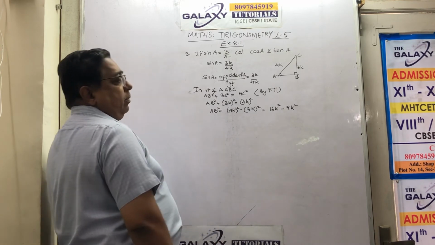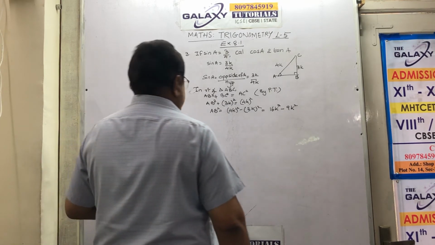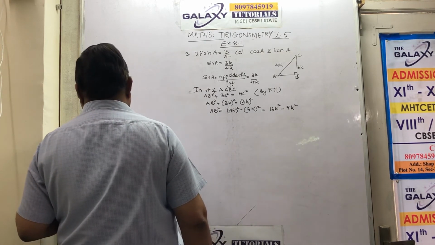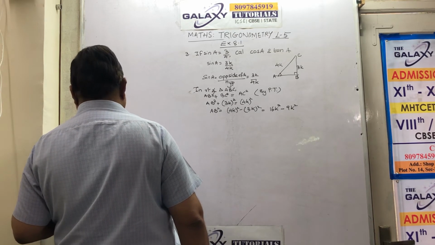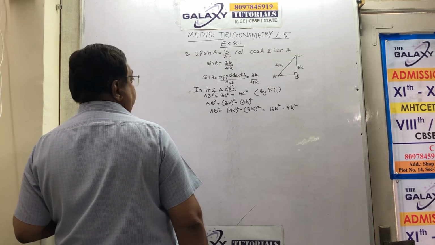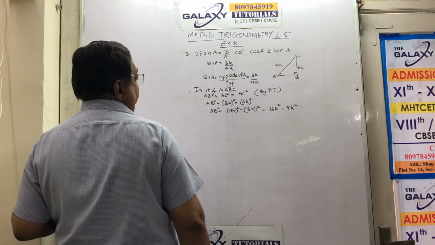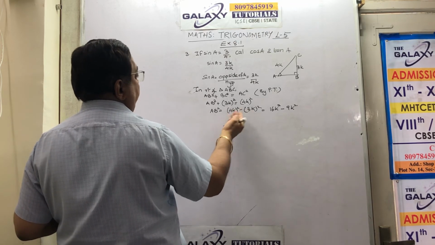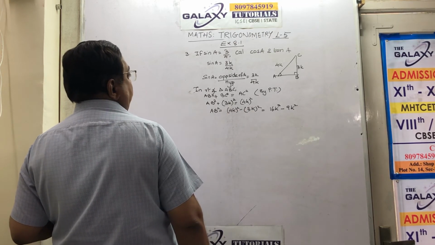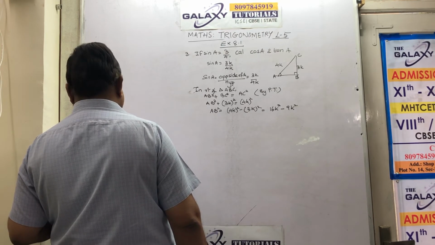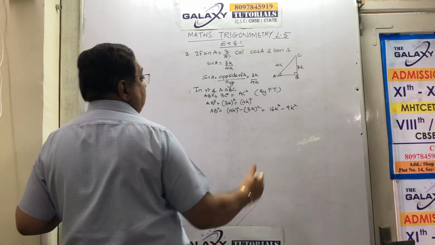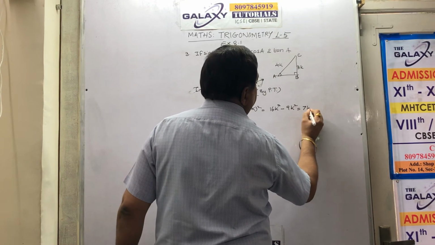Squaring each term, now you can see that we can subtract and go further. You can also use the a minus b into a plus b method, which will not be difficult. The answer will still remain the same. Now I will get 7k square.